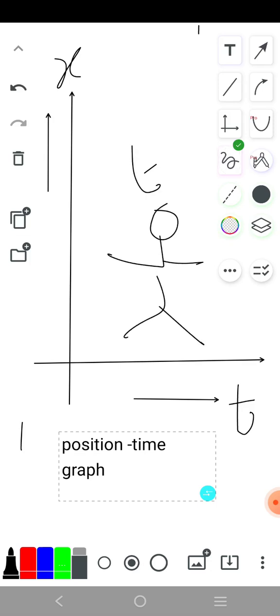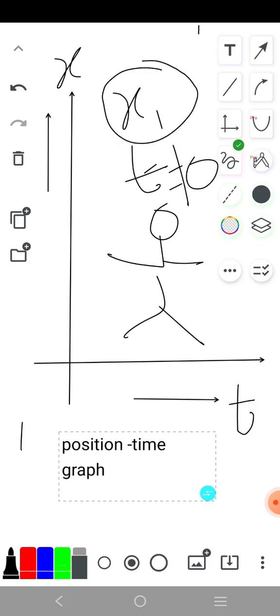Suppose at t equals 0 second, the object is at position x1. Suppose after t equals 10 seconds, the object is still at x1.